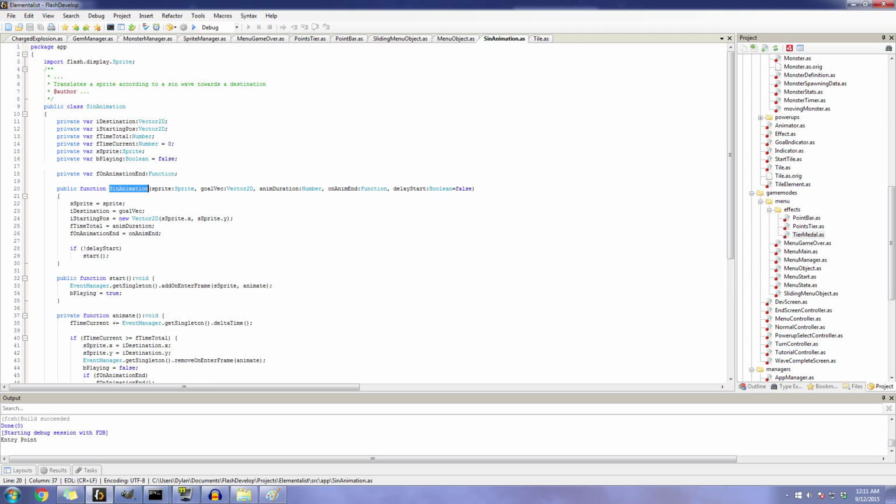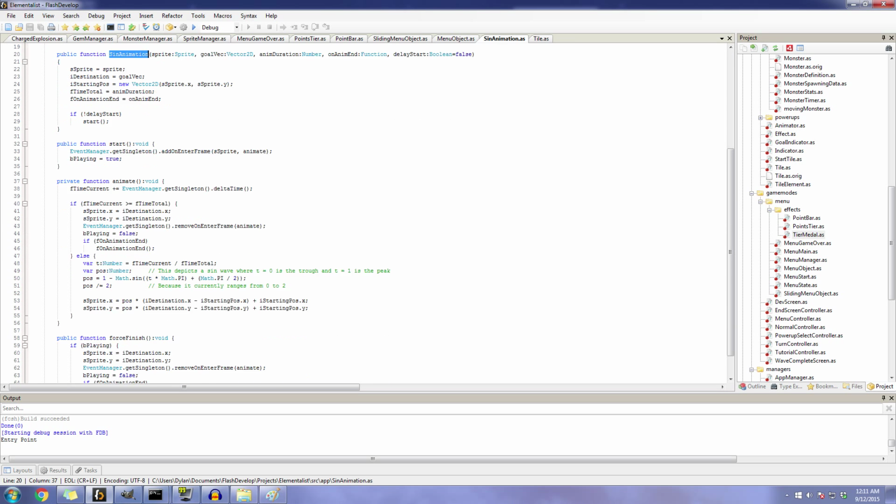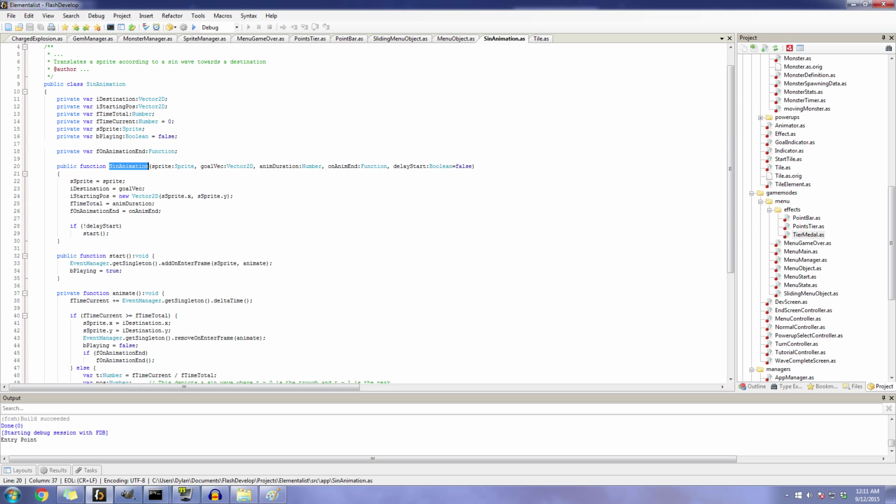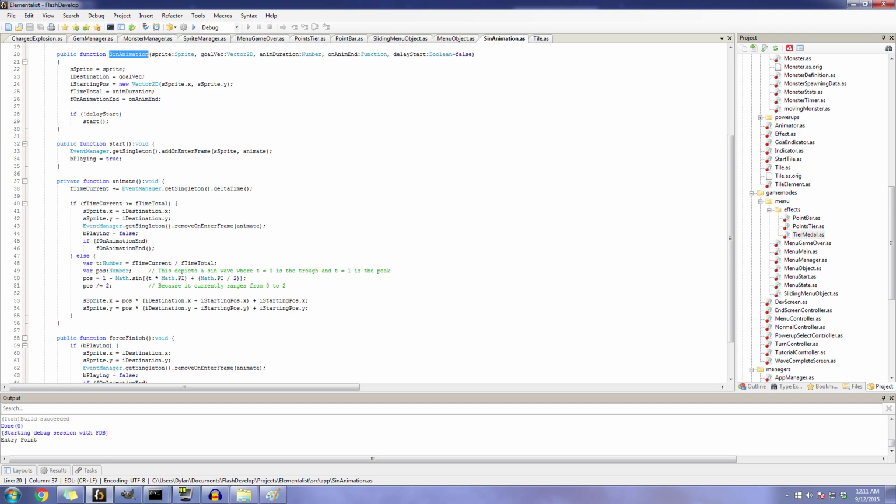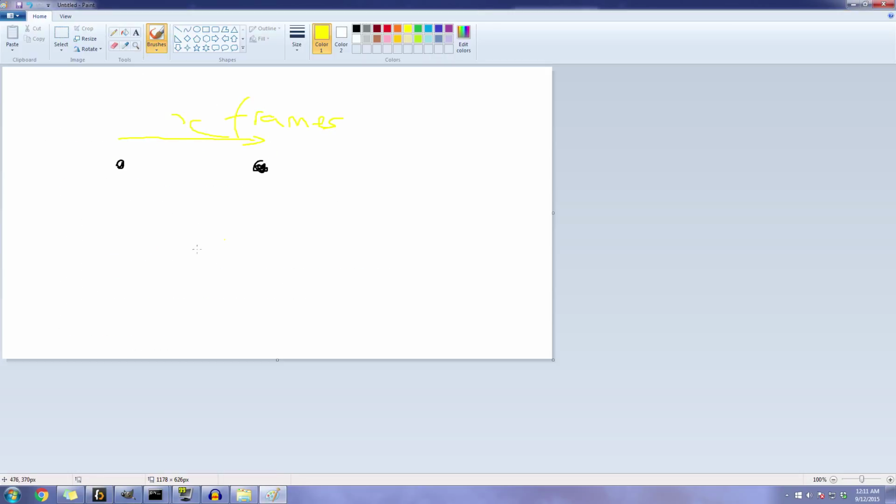As a sine animation, I wrote this all myself, and it was hard to plan out, but when you get down to it, it's really simple, because you just use a sine wave. And a sine wave, if you don't know, is a thing that kind of goes like this. And your x minus 0 thing will be this, I think.